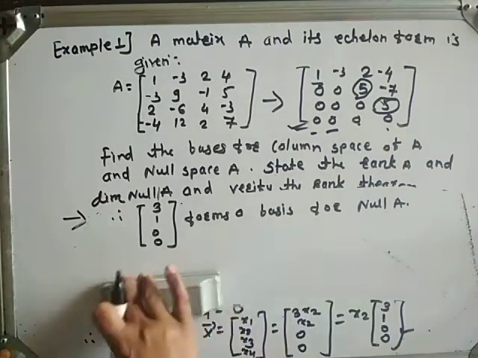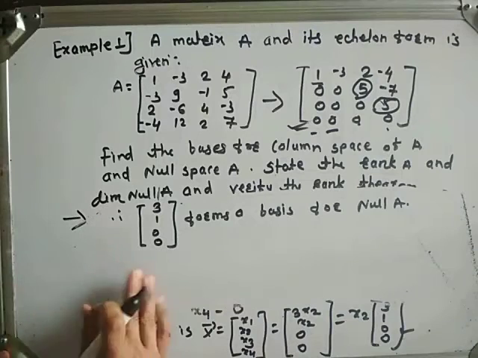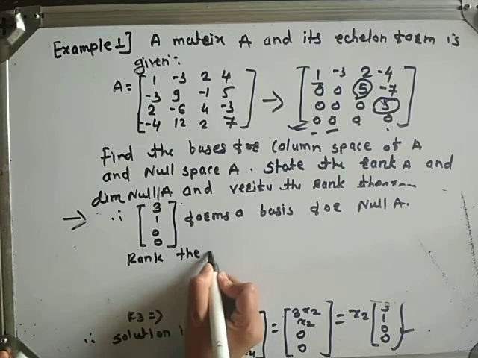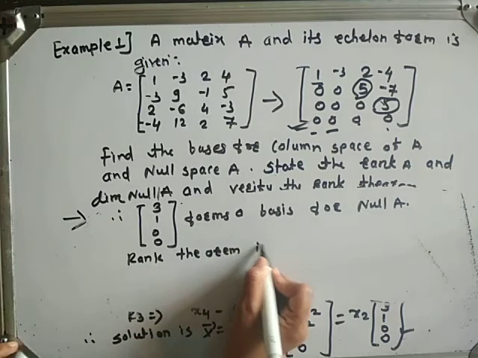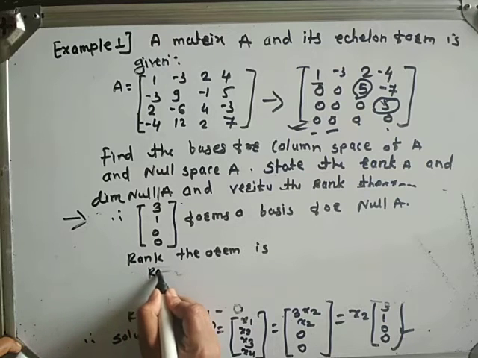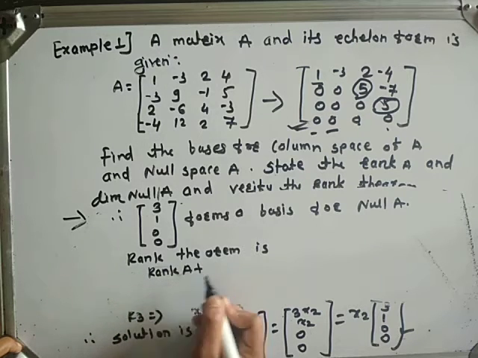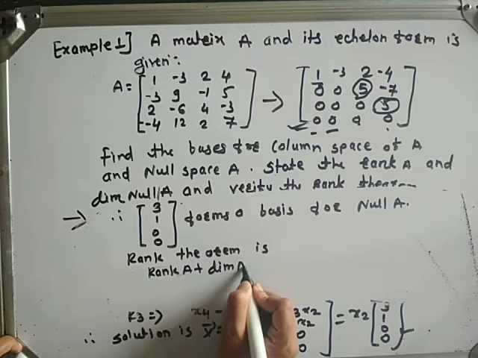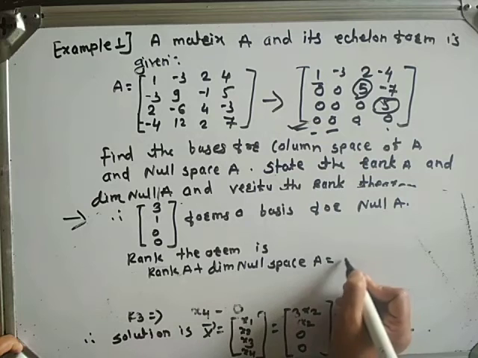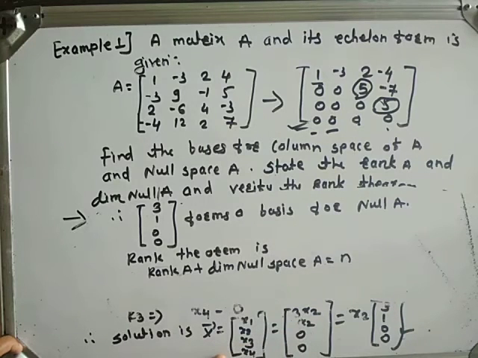Now we have to verify the rank theorem. The rank theorem is: dimension of column space, which means rank of A, plus dimension of null space of A is equal to n. n means number of columns.